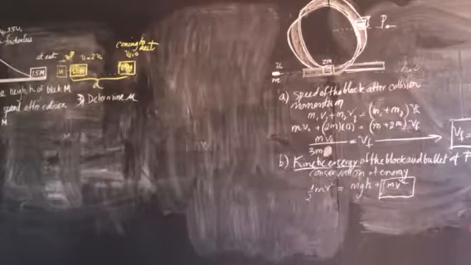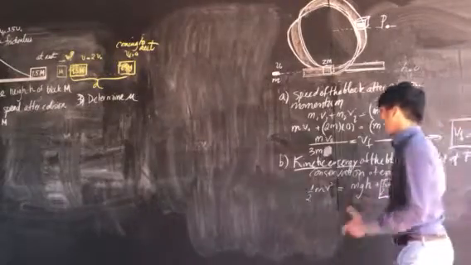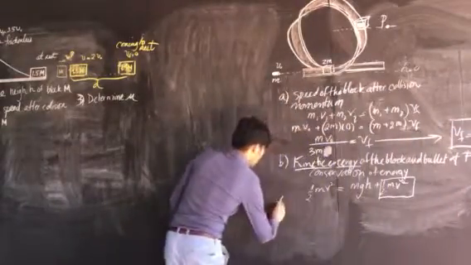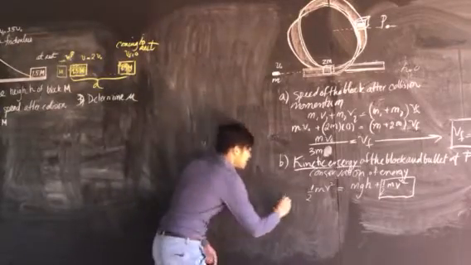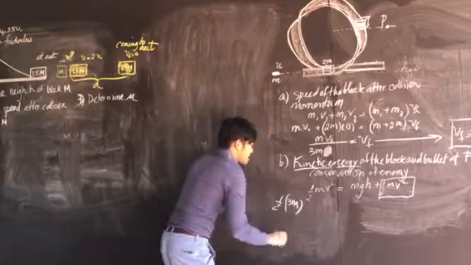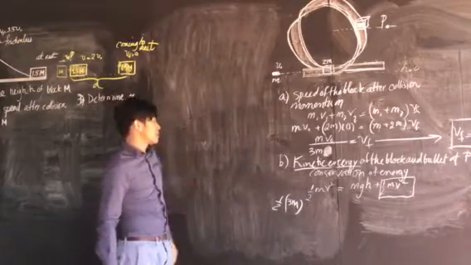Okay. So let's go ahead and replace values. So we have 1/2, what's our m? Since they combine, it's 3m, because the mass combined already.